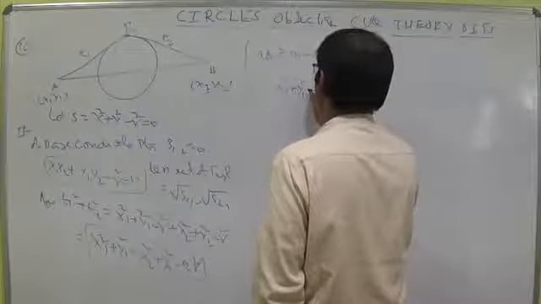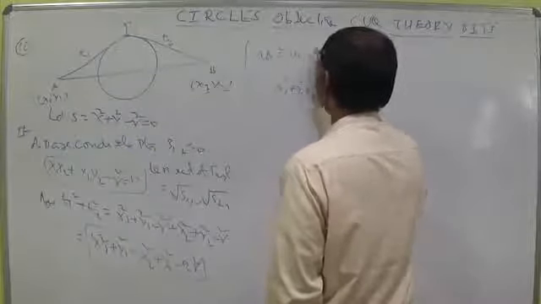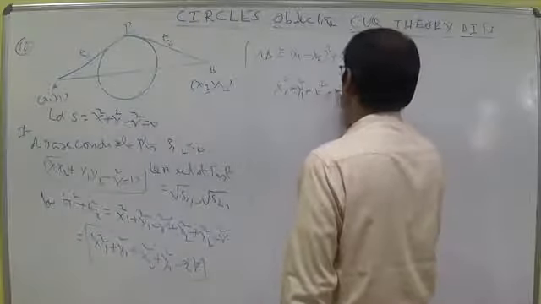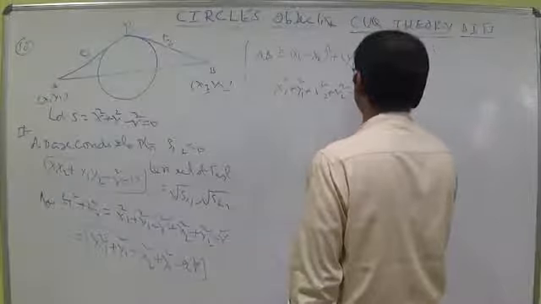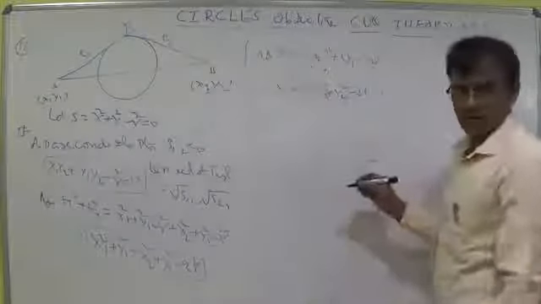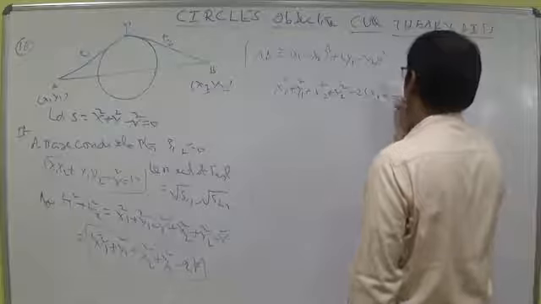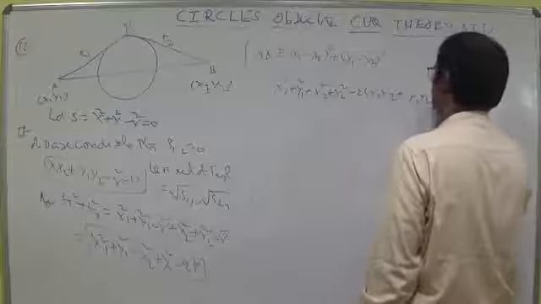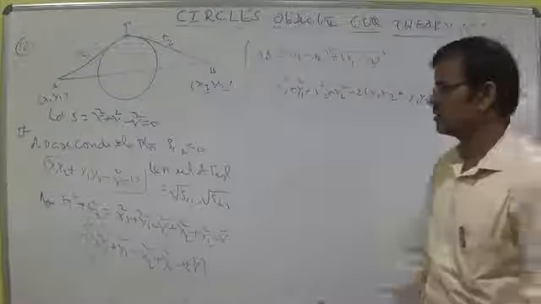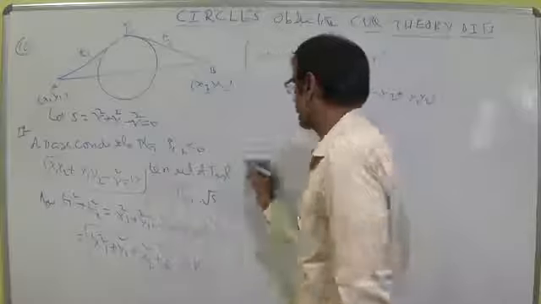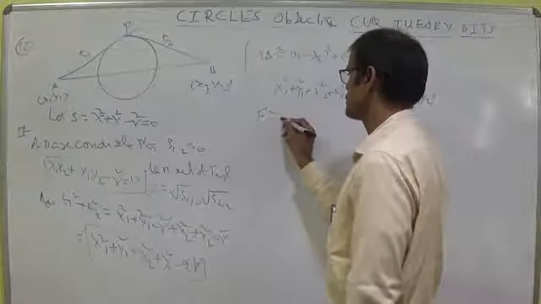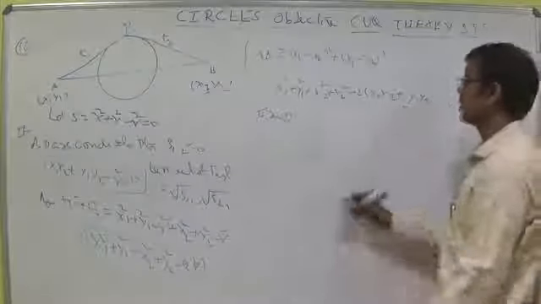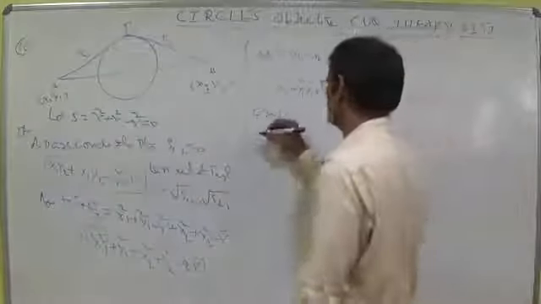Depending on the formula, you can write x1 square plus y1 square, and in the similar way x1 square plus y1 square plus x2 square plus y2 square minus 2 times x1 x2 plus y1 y2. Taking 2 common, within the brackets you can write x1 x2 plus y1 y2. From equation 1, x1 x2 plus y1 y2 is equal to r square.